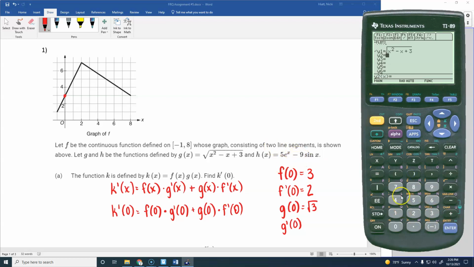I'm going to go ahead and put the second one in y2 because we might need it in a little bit. We don't need it at all for this part of the problem. I'm just thinking I might need it in a minute, so I'm going to put it there.